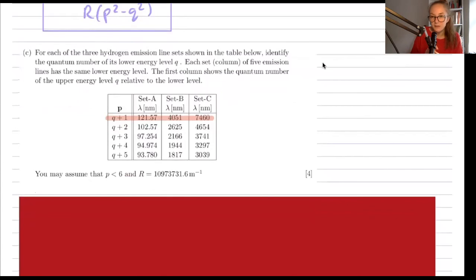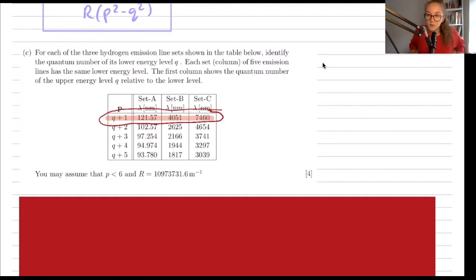So they've kind of given us too much information in this question. We only really need this first line here because this tells us what the wavelength of our first emission is, technically. So our drop from the lower energy level that we're considering.